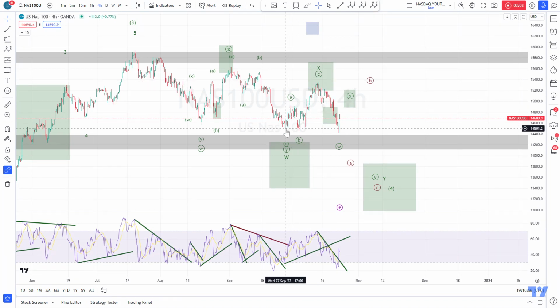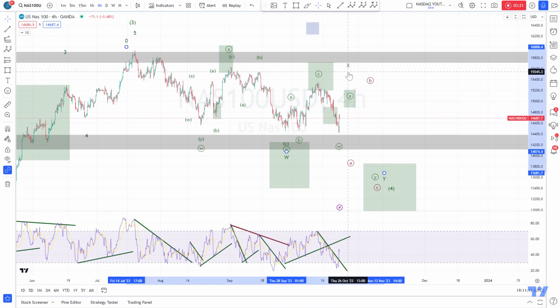And what we have then is a wave A up in 3, 1, 2, 3, a wave B down, overshooting wave B, taking the liquidity right here, and now an impulsive move up, a wave C, taking out this high right here. And then in the end, we will actually have our wave X, but situated right here as an expanded flat structure. And if this move plays out, it will drive everybody crazy.